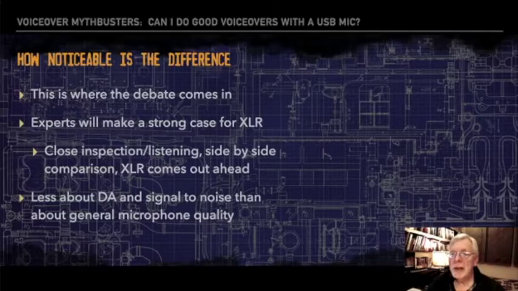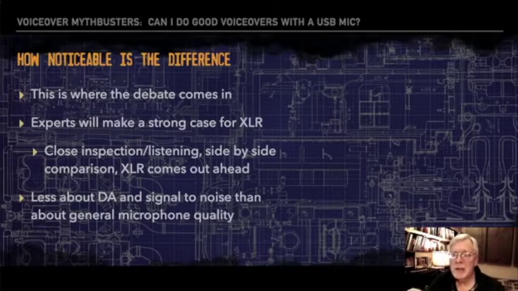So this is really less about the analog to digital conversion and the signal to noise ratio, in my mind, than it is about general microphone quality. Because if you were to take those two microphones and play them for the average person, not one right after the other, it's very possible they'd hear the USB mic and go, that sounds good.